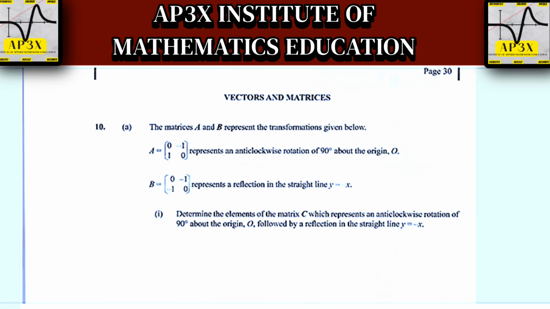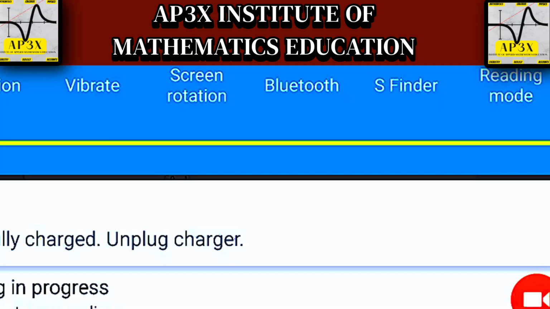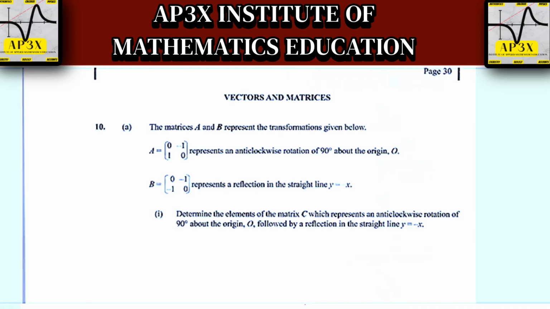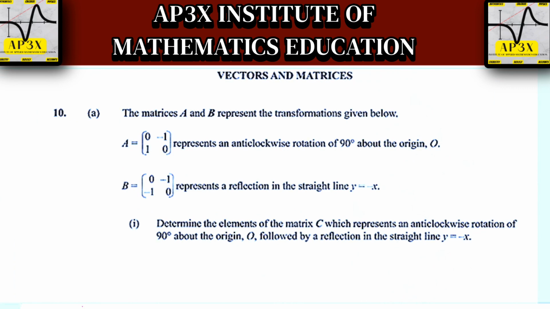Now the matrices A and B represent the transformations given below. A, 0, -1, 1, 0, represents an anticlockwise rotation of 90 degrees about the origin, and 0, -1, -1, 0 represents a reflection in the line y equals -x.